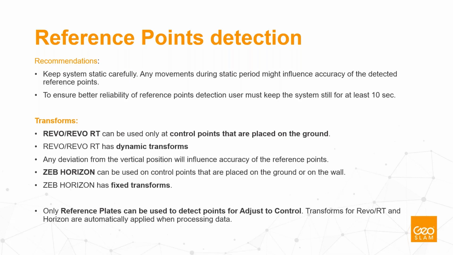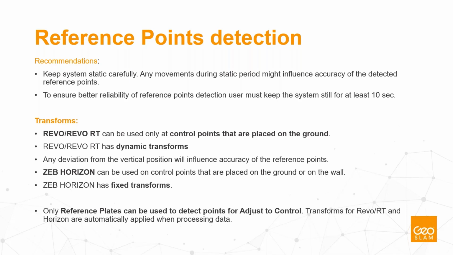With Revo, RT or Go, the control points can only be placed on the ground, so those systems have to be upright and level to the ground, and the reference points cannot be detected on a slope or on a wall with those systems. The Revo, RT and Go systems have dynamic transforms, which means we don't know exactly where the base is, and we assume the base is flat underneath.